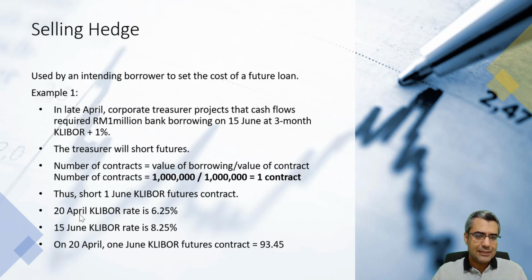Now assume that on 20 April, KLIBOR rate is 6.25% and on 15 June, KLIBOR rate is 8.25%. So you can see that here he was right. His concern was if interest rate goes up, and actually interest rate went up. On 20 April, the June KLIBOR futures contract is traded at 93.45.